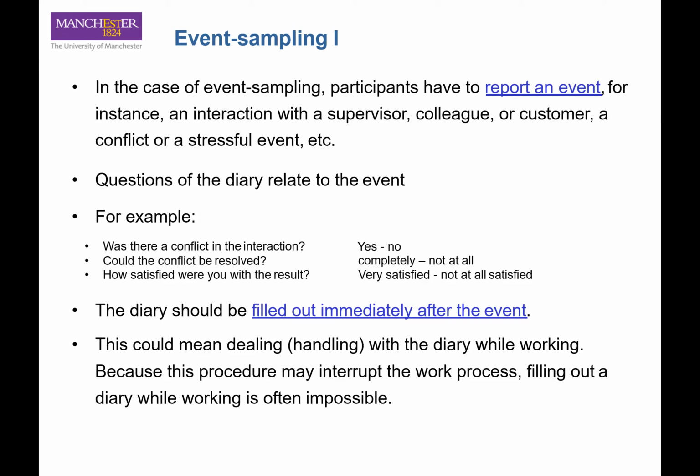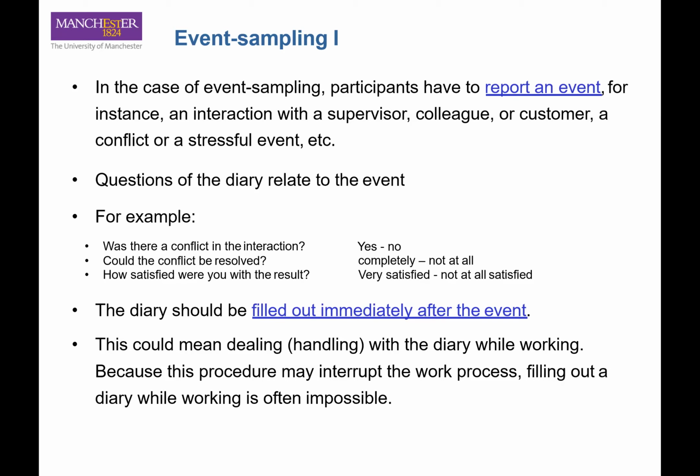So you can see that the diary should be filled out immediately after the event. This could mean handling the diary while working. Just after the event happens, the respondents need to report to the researchers immediately.